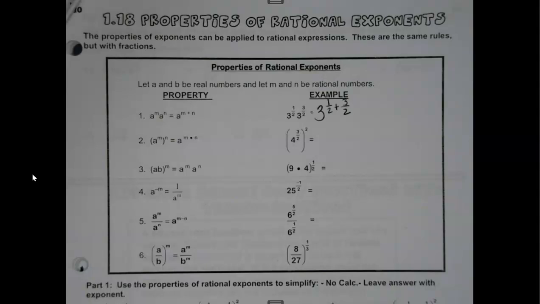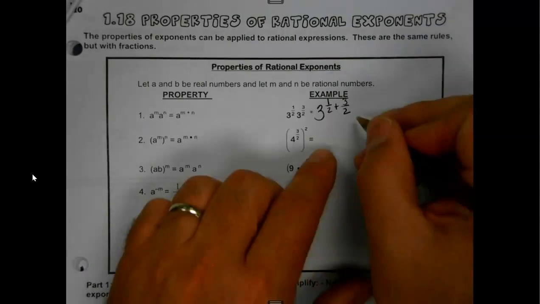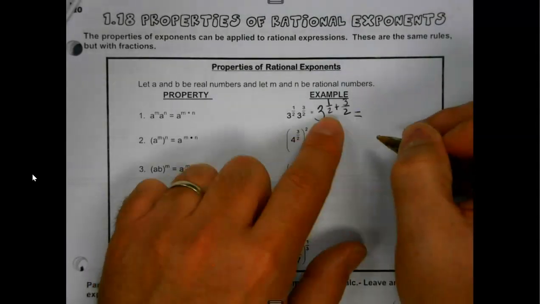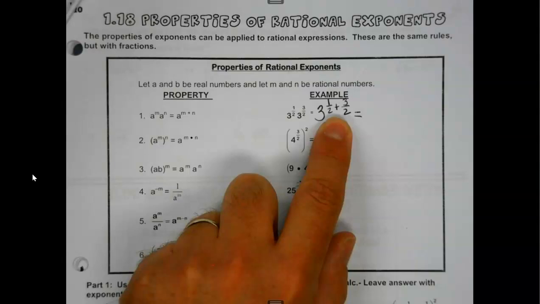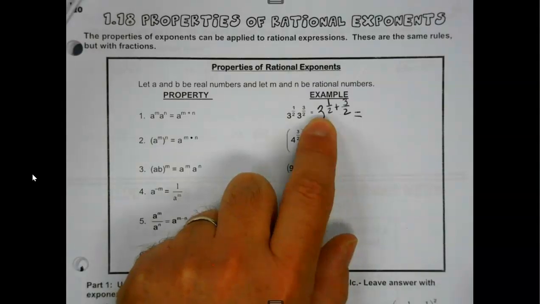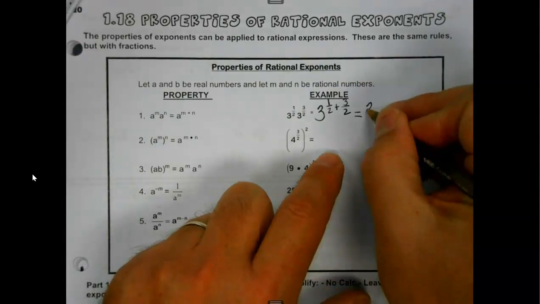If one was a 3 and one was a 2, I couldn't add the exponents. Or if one was an x and one was a y, I couldn't add the exponents like I tried to yesterday with m and n before y'all fixed me on that. But if they are the same, and you're adding with fractions, you have to have a common denominator. We're lucky this time we do.